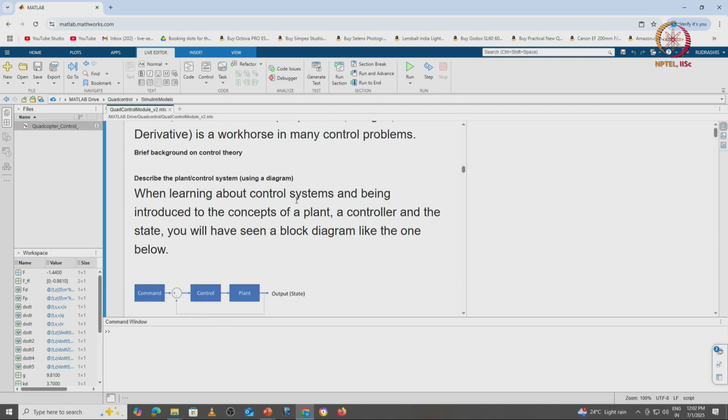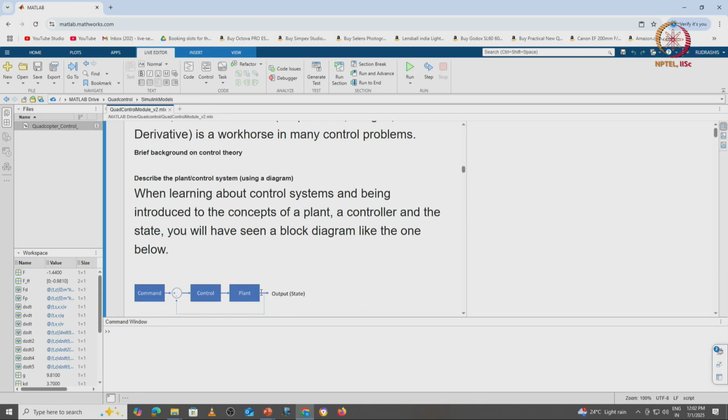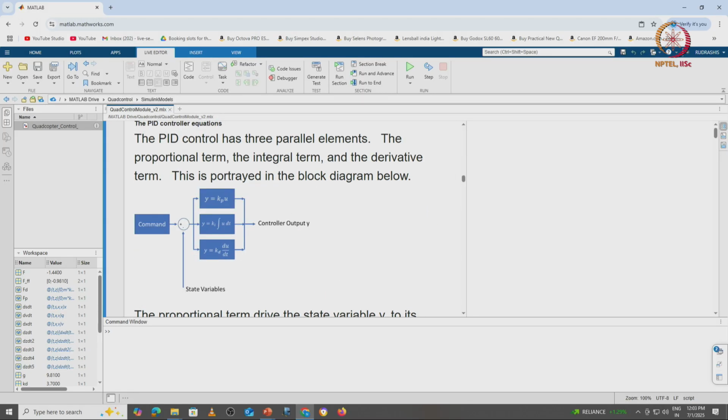Now, if you look at a simple control system architecture, we talked about this: the plant dynamics and the controller dynamics, and the command input which goes in, and that's the output state, which is fed back as an input. We talked about how it's better to implement a PID control structure. The command comes in, the state variable comes in, and that's the error. The error I pass through proportional gain.